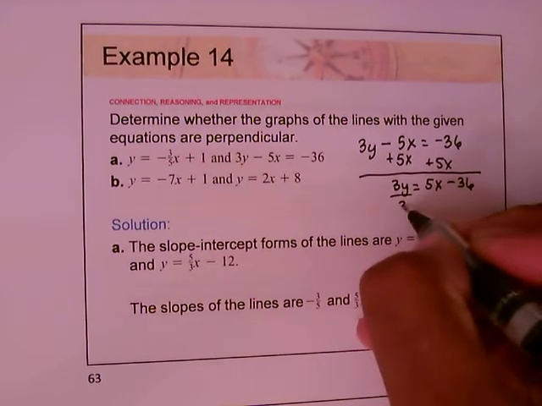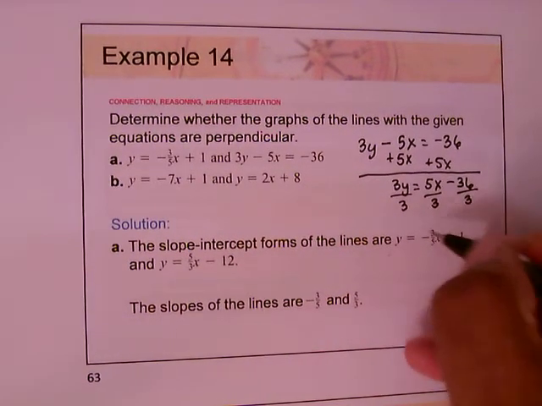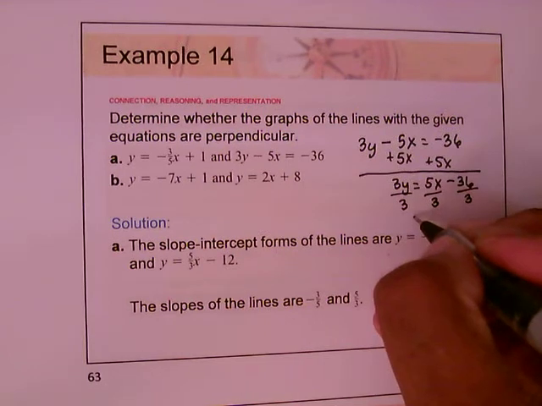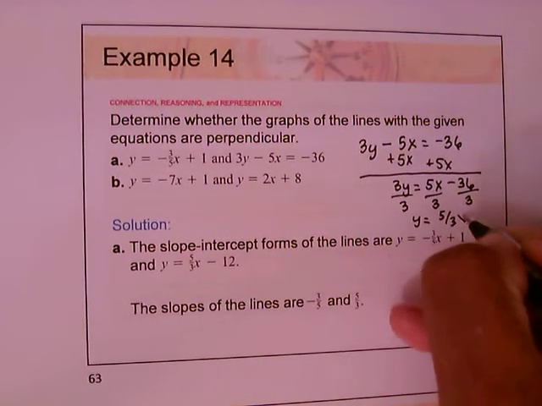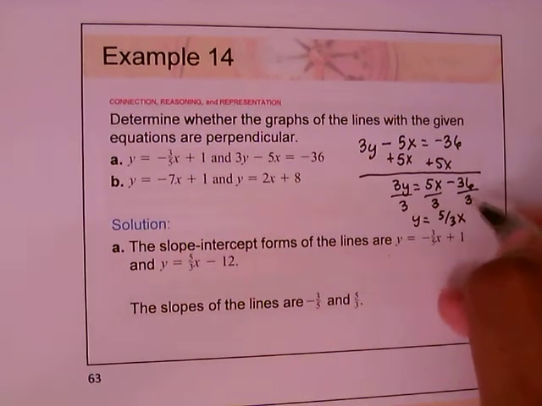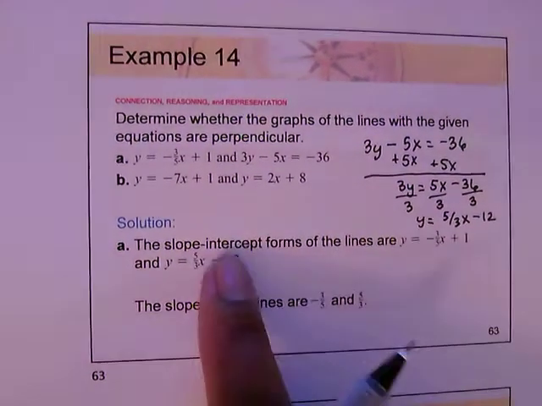And then divide each and every term in that equation by 3, and you'll get y is equal to 5/3 x minus 36 divided by 3, that's minus 12. That's where this equation came from.